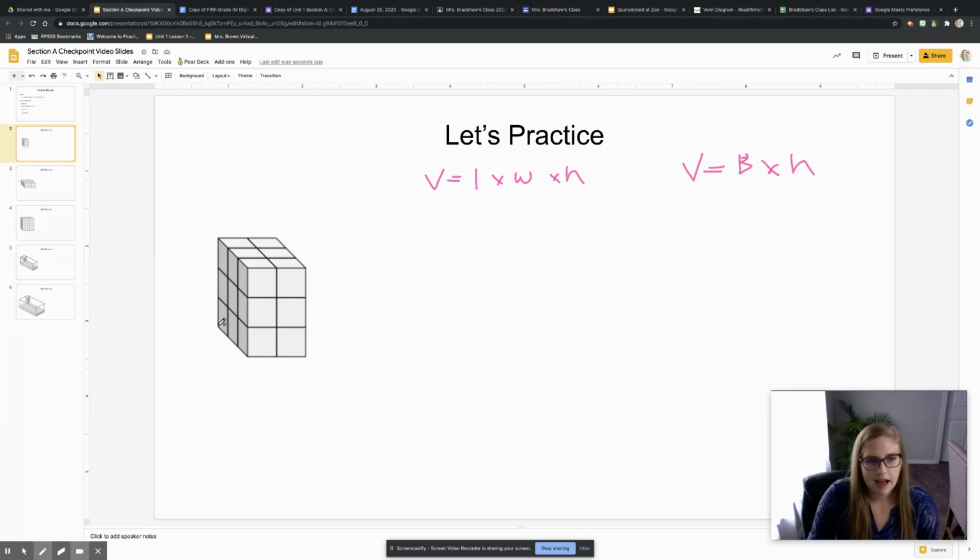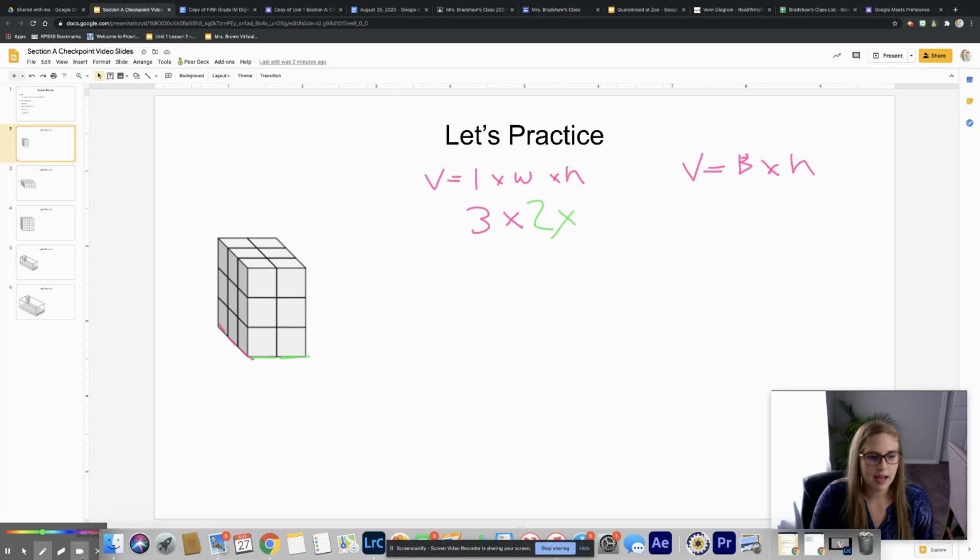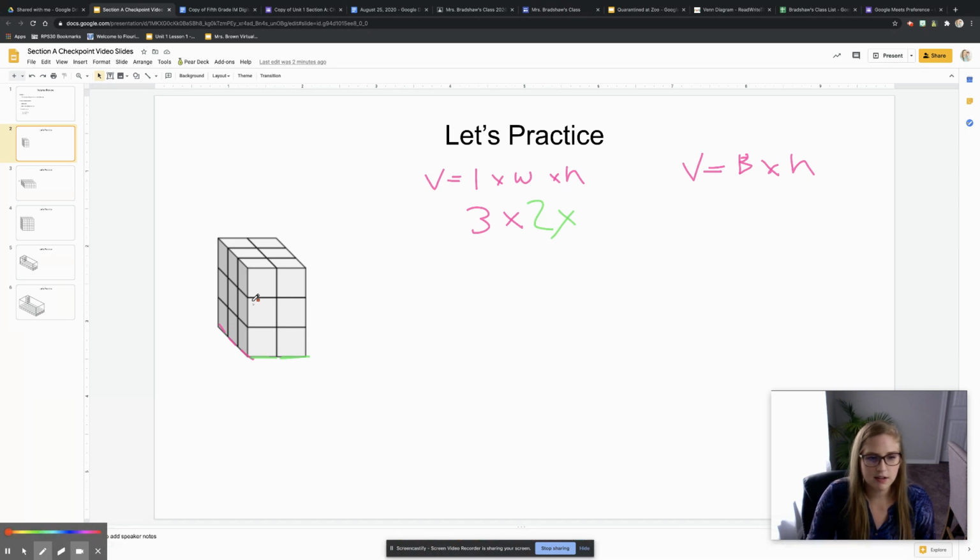To begin with, I'm going to solve it with length times width times height. I'm going to see how many cubes it is lengthwise, and I have 1, 2, 3. How many widthwise? 1, 2, 2 wide, times a height, 1, 2, 3 high. And then I can solve. 3 times 2 is 6.